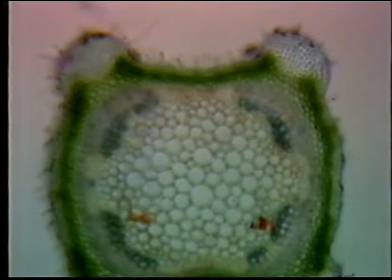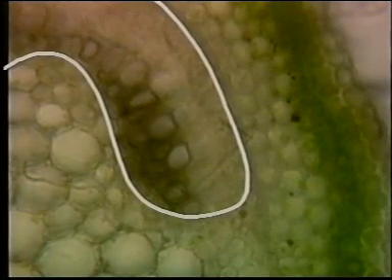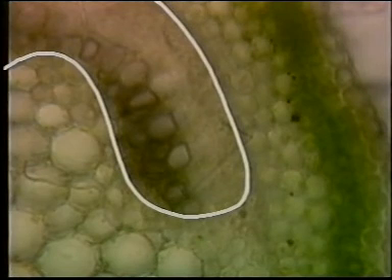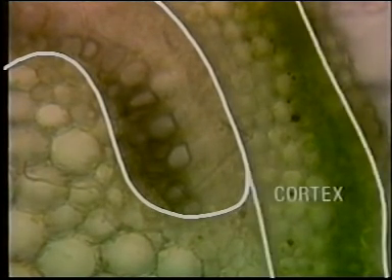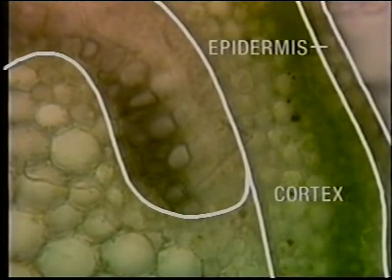The 4 darker areas at the outer edge of the pith are the vascular bundles, or veins, which are concerned with transport. They're the plumbing system. Nearer the outside are smaller parenchyma cells making up the cortex, which is green because chloroplasts are present. The outer cell layer is the epidermis, and it's tension in this layer that gives rise to tissue tension.